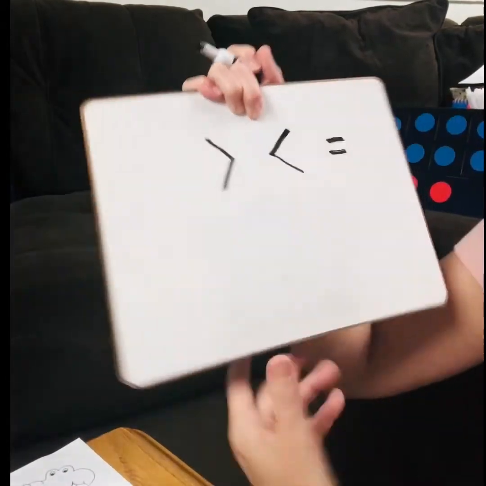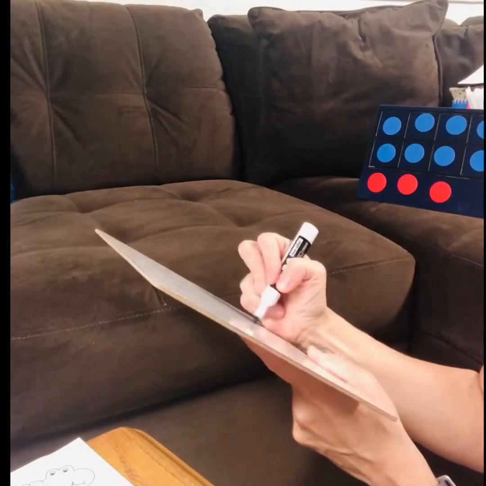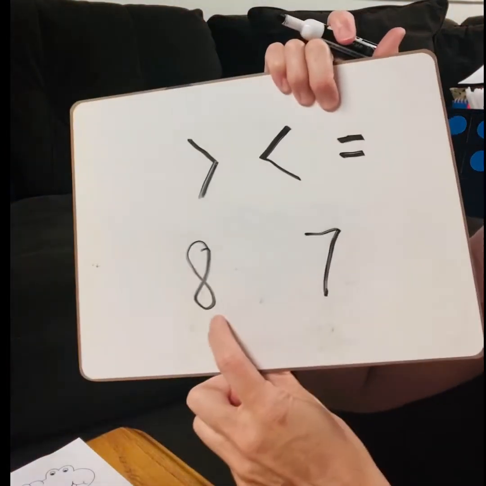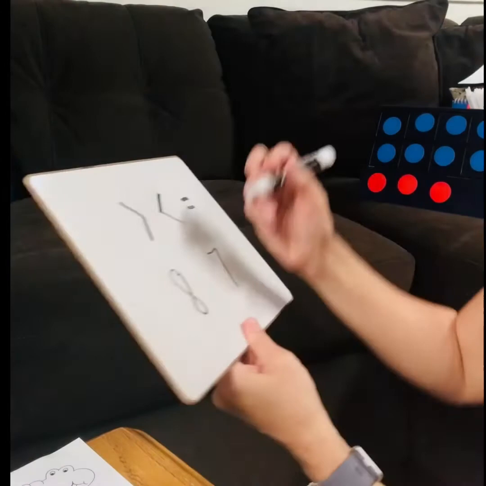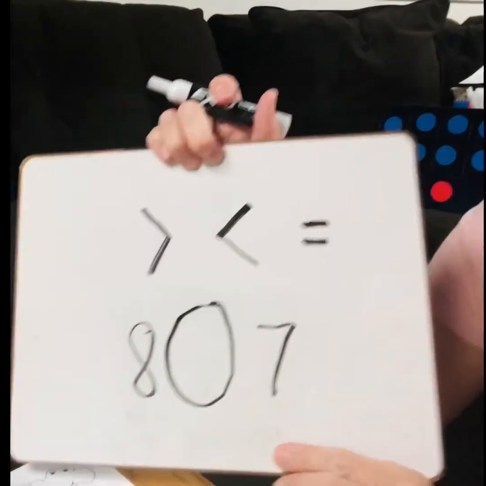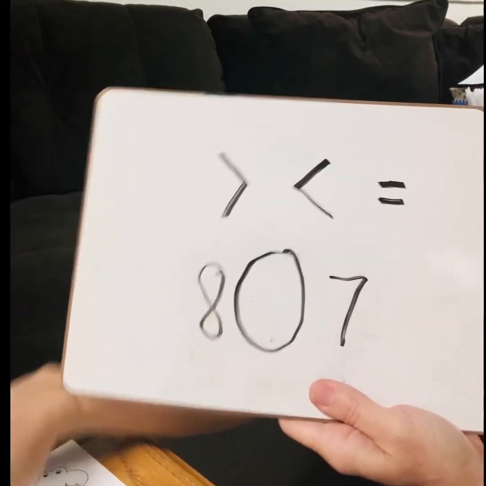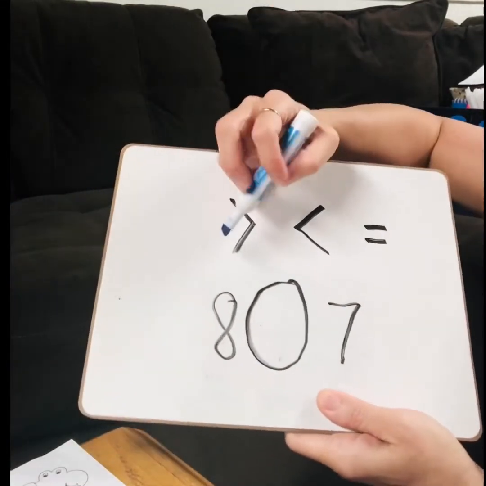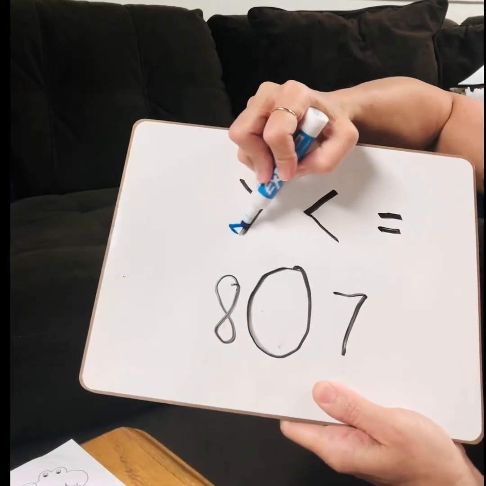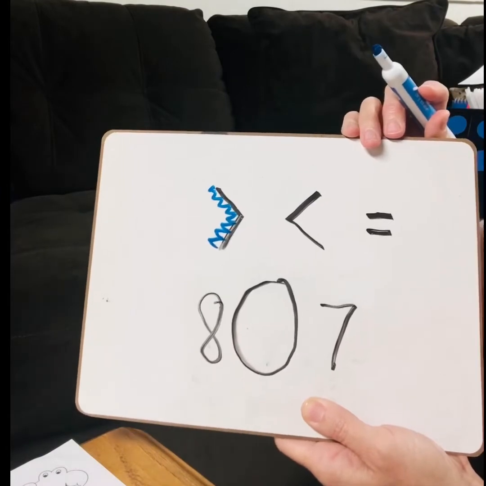And let me put the numbers 8 and 7. And in the center here, we have to put one of these symbols. Let's turn these symbols into alligators. And all you have to do, boys and girls, if you don't want to do the whole face or anything, you could just put teeth.